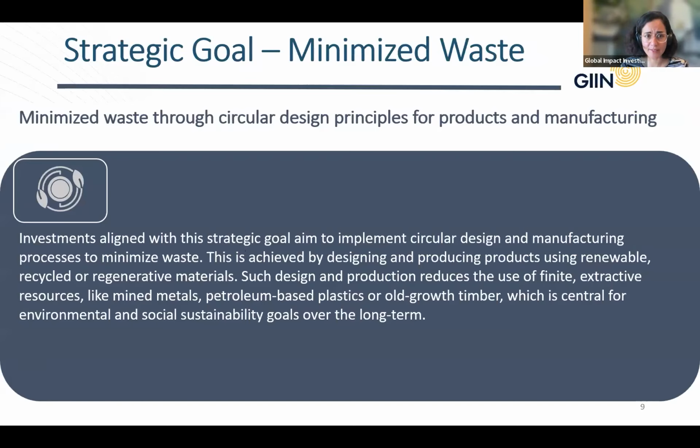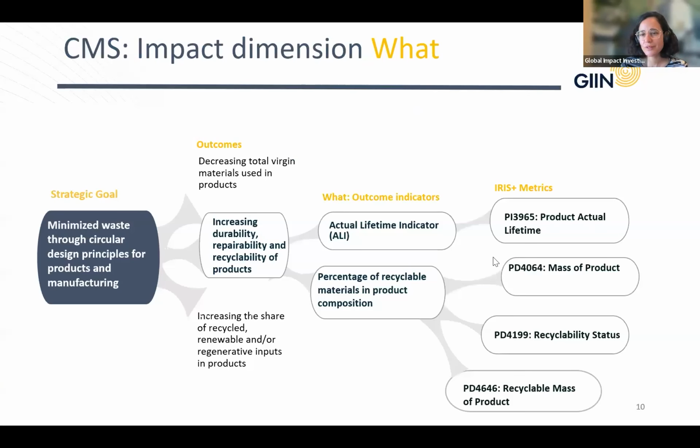So for the minimized waste through circular design principles for products manufacturing, the core metric set, I will show you how it looks in the website, but just to give you already a broad view about the metrics and indicators that we have found to be relevant and important for measuring against minimizing waste through circular design principles for products manufacturing, specifically with regards to increasing durability, repairability, and recyclability of products.